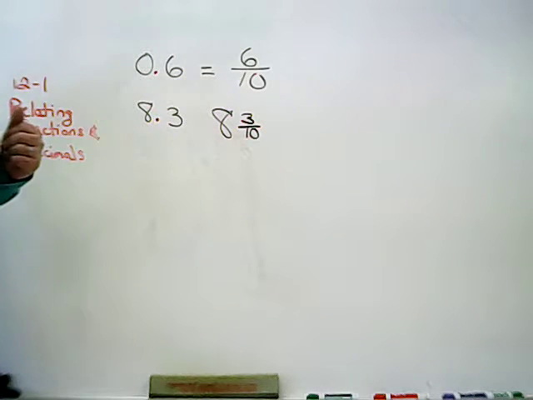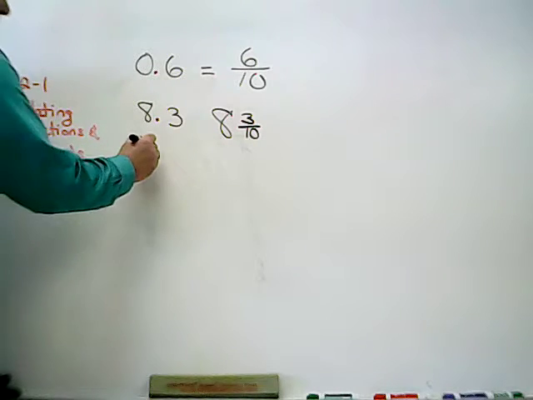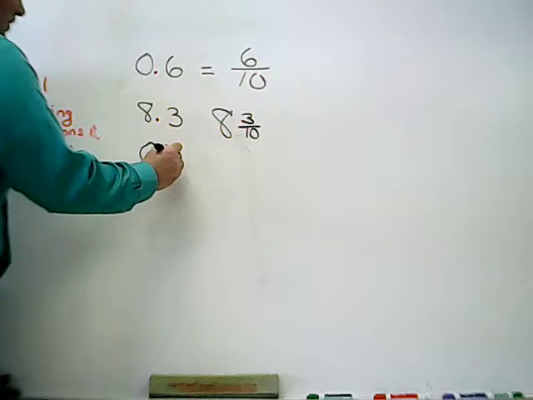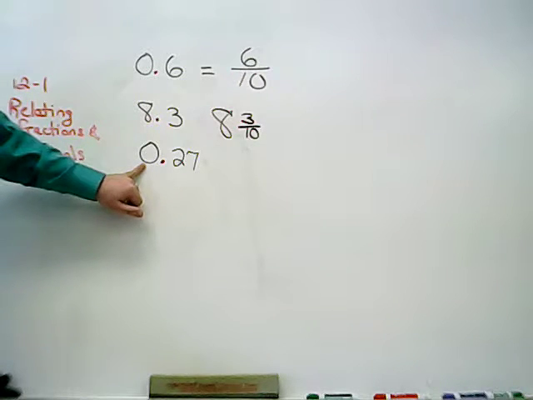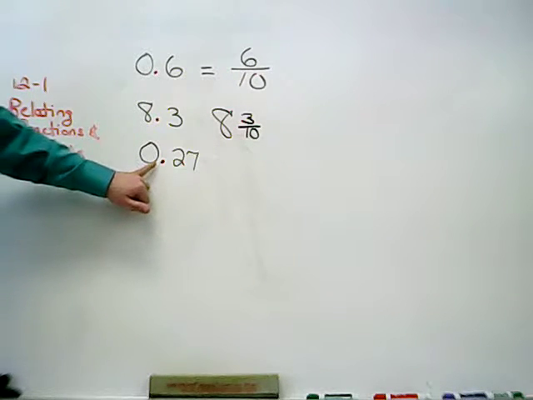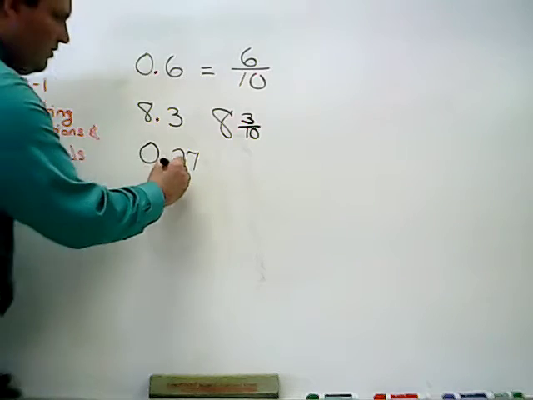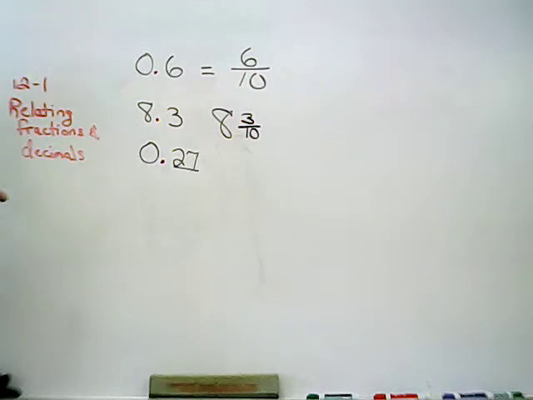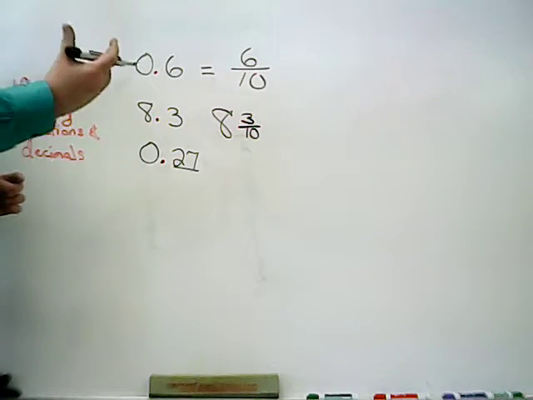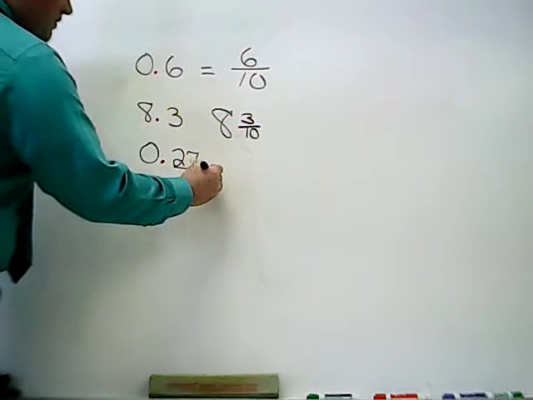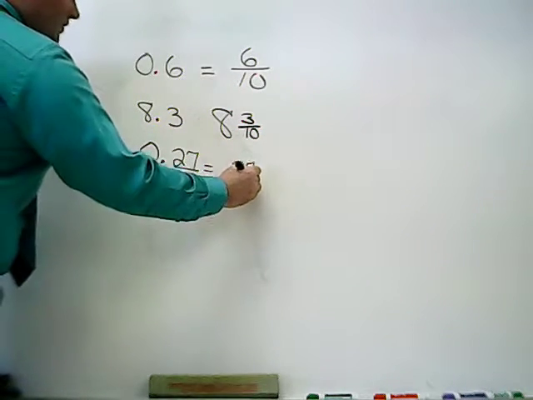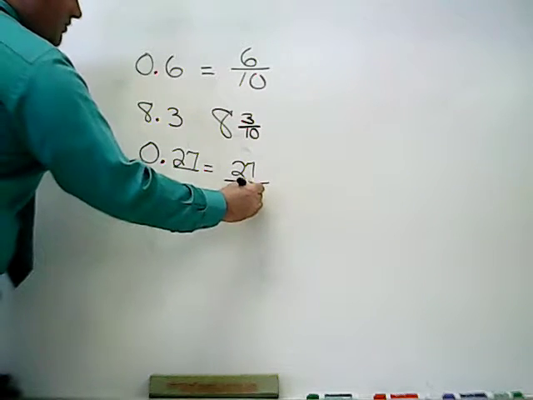It's that simple. If I had a number in the hundreds, 0 wholes or ones, 0 and 27 hundredths. Again, listen to what you say. 27 hundredths. So it would be 27 hundredths.